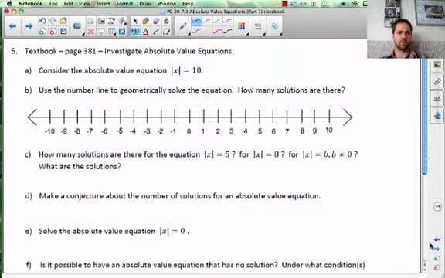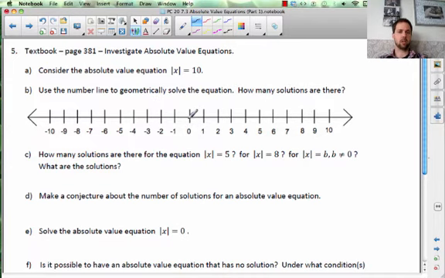Solving absolute value equations. So here you go, consider the absolute value equation, absolute value of x equals 10. Use the number line to geometrically solve the equation. How many solutions are there? So this one, the absolute value of x equals 10.